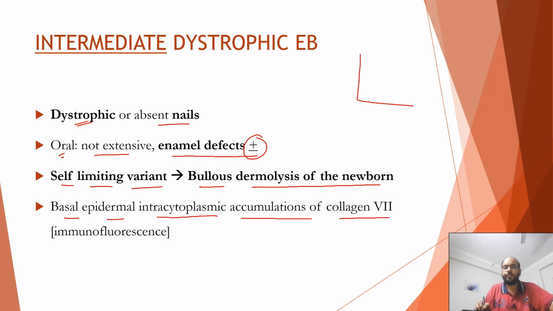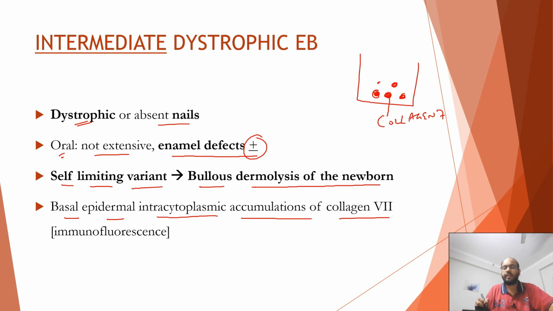So what do you mean by that? You have the basal cell of the epidermis, and inside you will have clumping or accumulation of collagen 7. Now, why is collagen 7, which is supposed to be at the level of sublamina densa, present in basal keratinocytes?